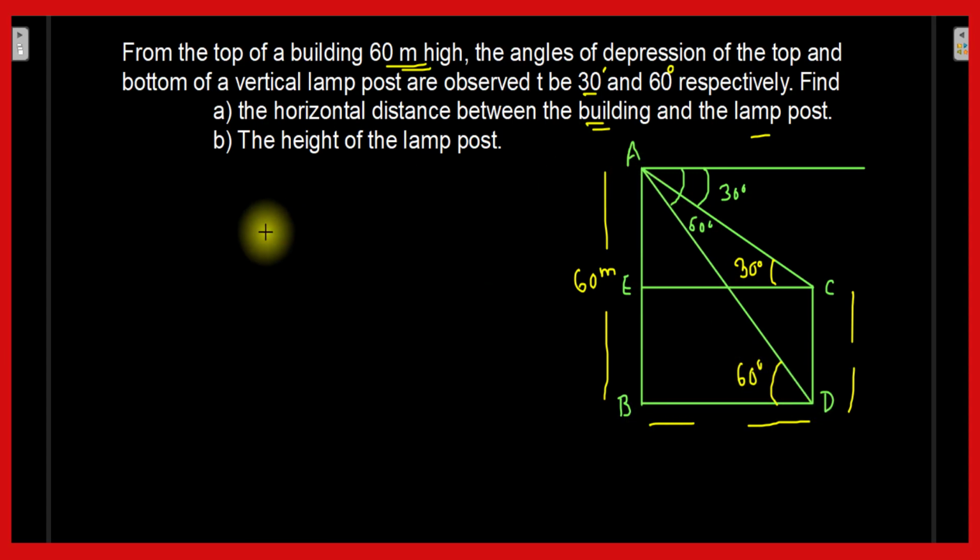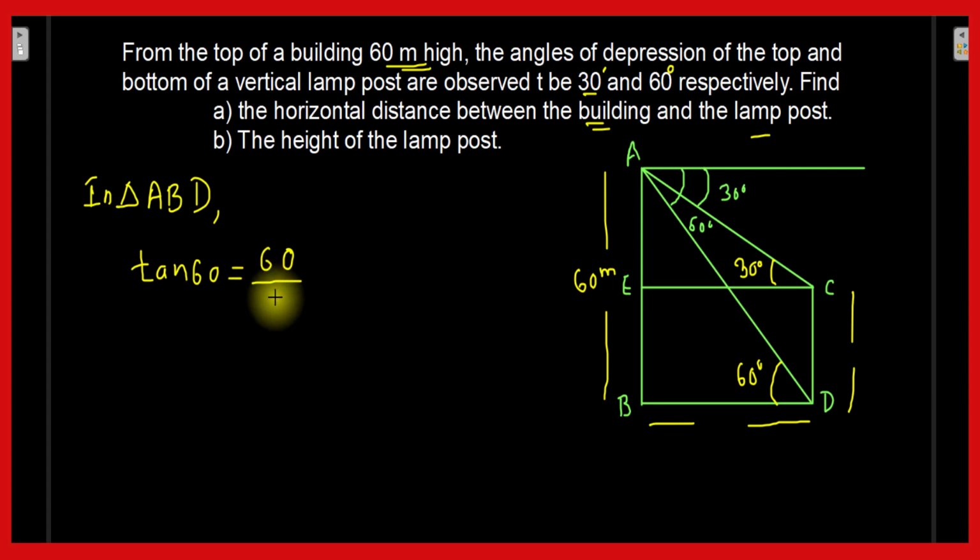This triangle ABD, in triangle ABD, here tan 60, that is equal to opposite upon adjacent. Opposite is AB and that is 60 meter, and adjacent is BD, so tan 60 is equal to opposite upon adjacent.